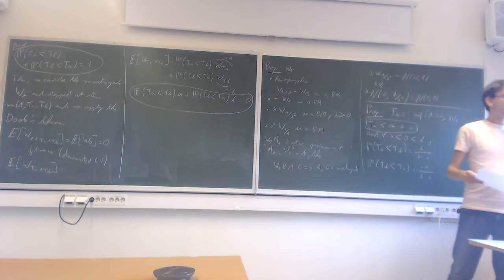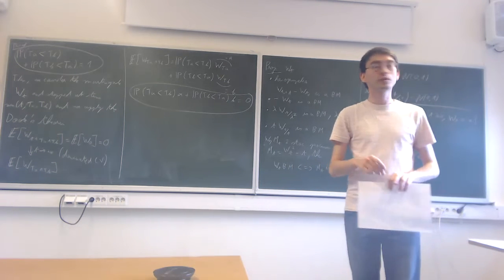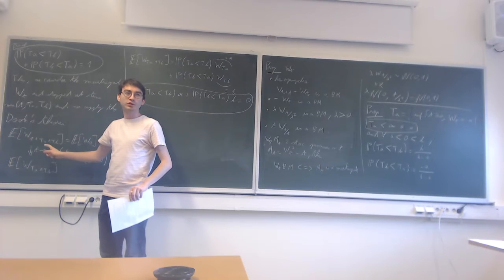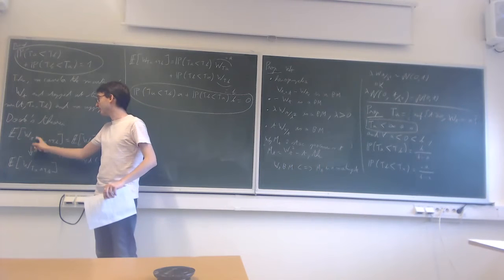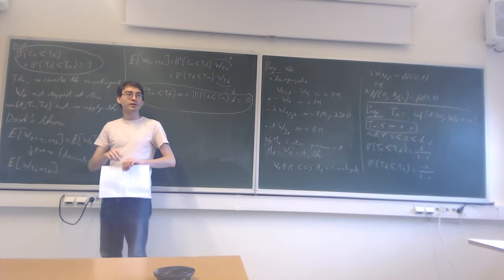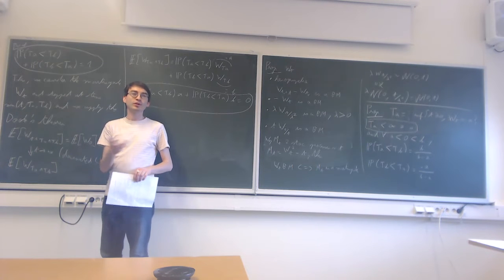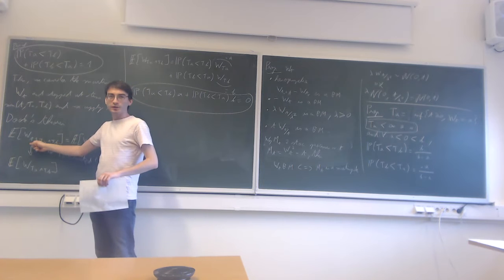What is the assumption that you use for Doob's theorem? The time here is bounded. It's bounded by T. That's why I put this T here. Usually for Doob's theorem, you put this T here.